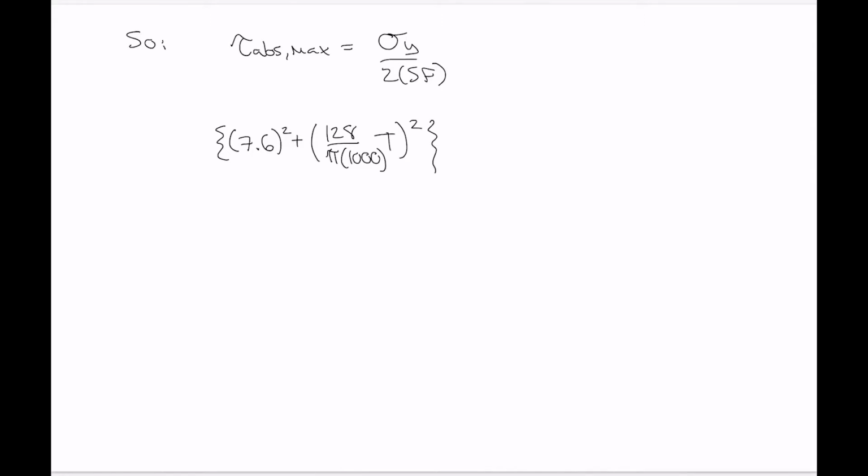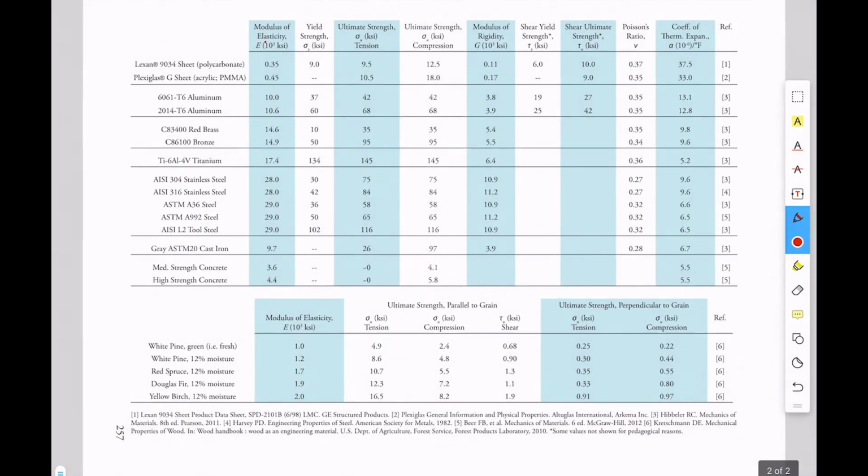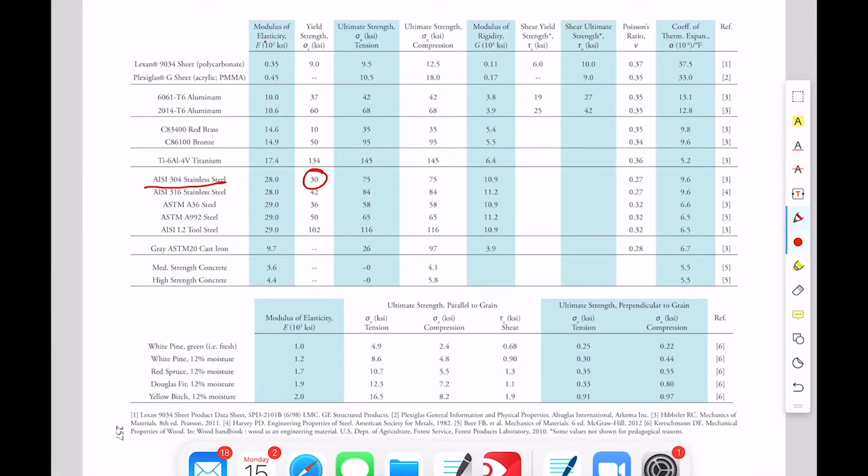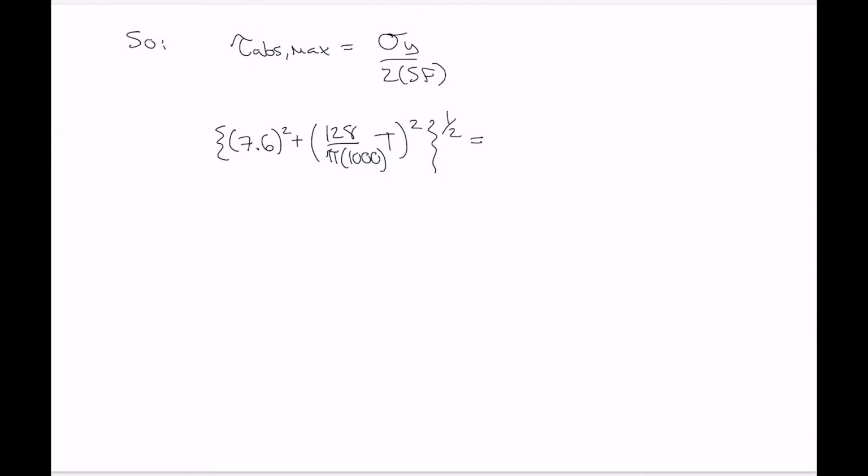Now we're working in units of KSI, so we want the yield strength on the other side to be in units of KSI. So 304 stainless steel, let's get that from our material property table. There's 304 stainless, yield strength 30 KSI. We've got 30 divided by 2 times the safety factor of 1.4.